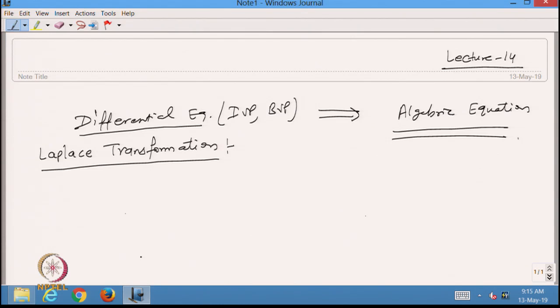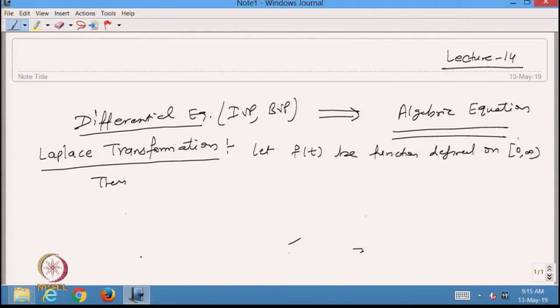For the Laplace transformation I define that I take a function f(t). Let f(t) be a function well defined on the interval 0 to infinity.